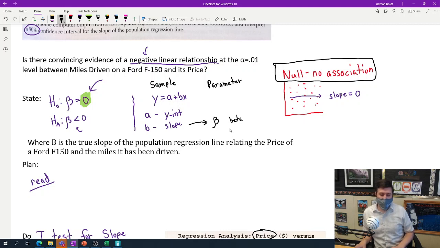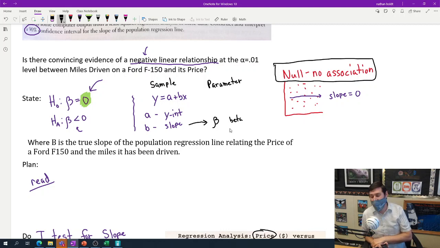I have seen some problems on the online stuff, while it was kind of working for me, where they made some problems where the null was 1. Like if you think two things are the same, then that gives you a y equals x line. If that's your null, then the slope would be 1. I did see a few scenarios where they made work that way.